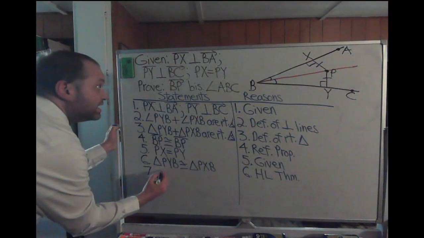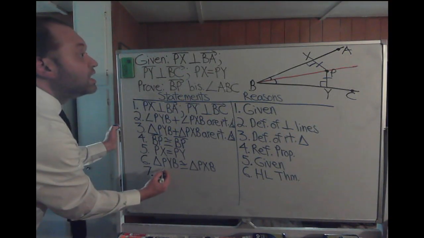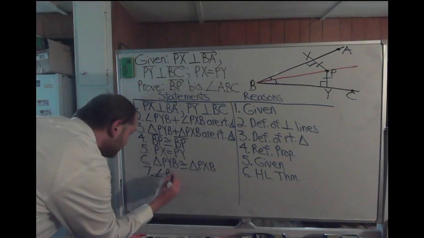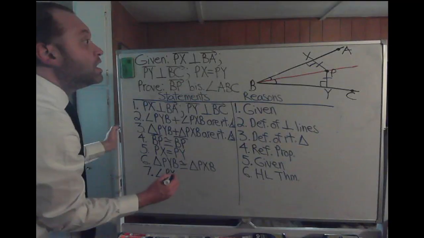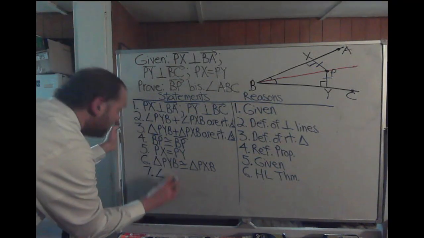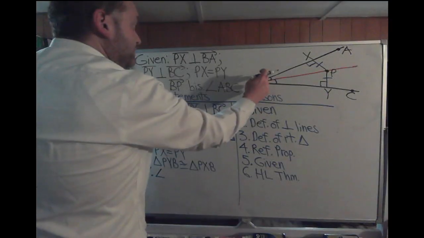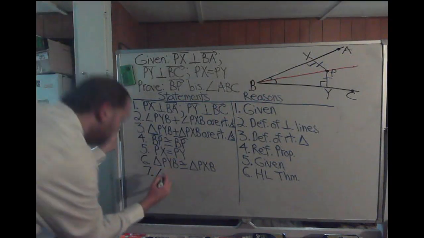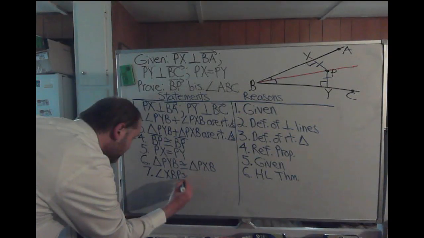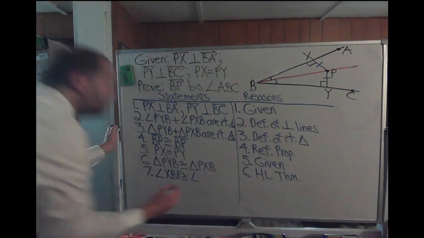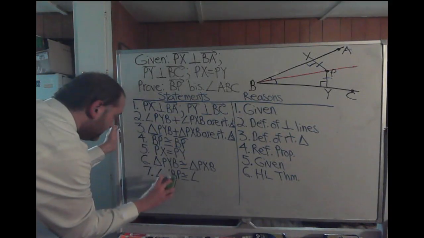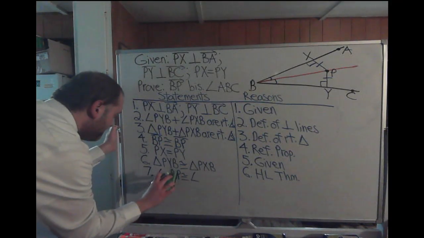We can now say that angle PXB, no, not PXB, I said that wrong, forgive me. We want this to be the vertex. It'd be angle XBP is congruent to angle, let's say ABP.